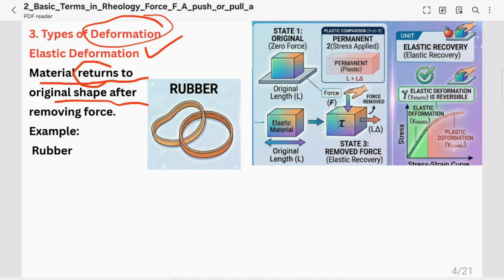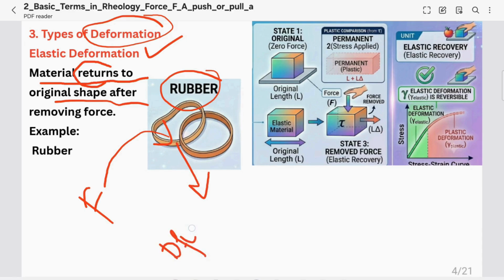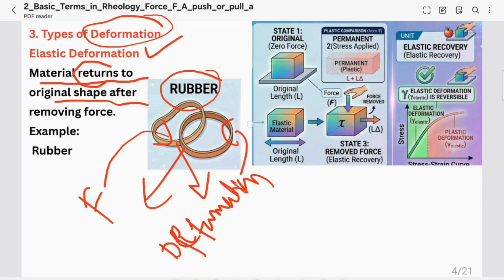For example, here we are taking rubber. When the force is applied on this material, it undergoes deformation. After we remove the force, it comes back to its original shape and size.